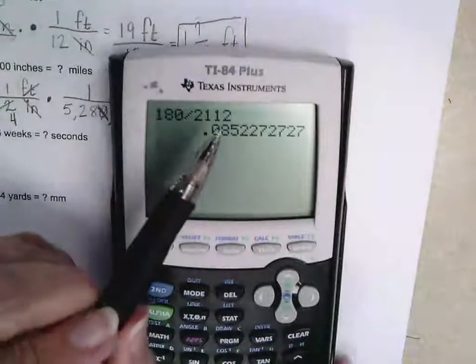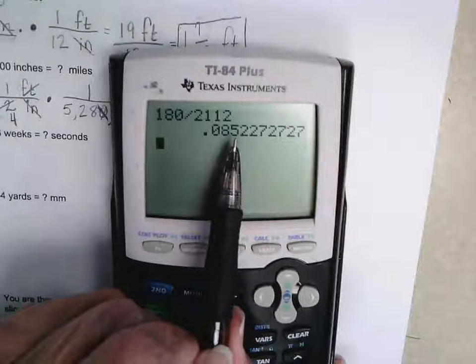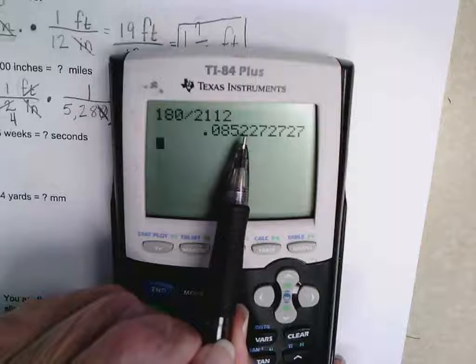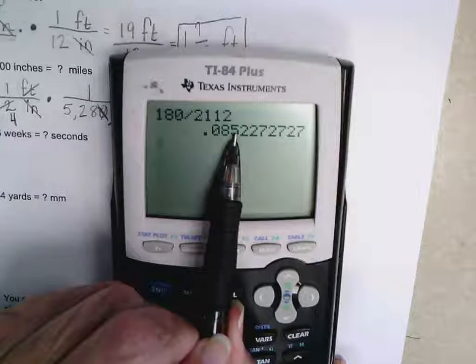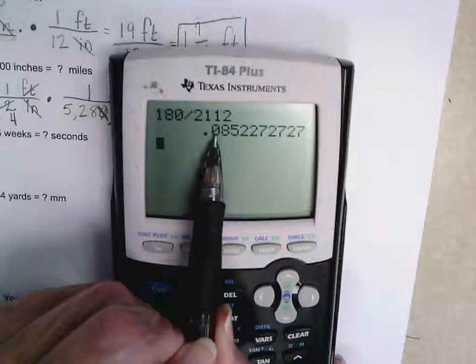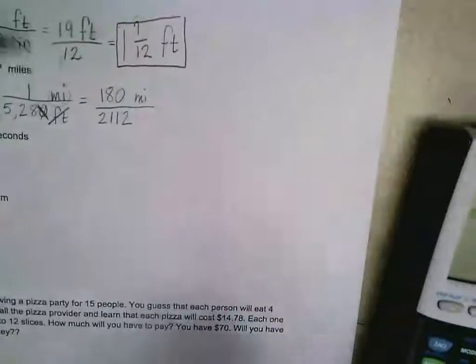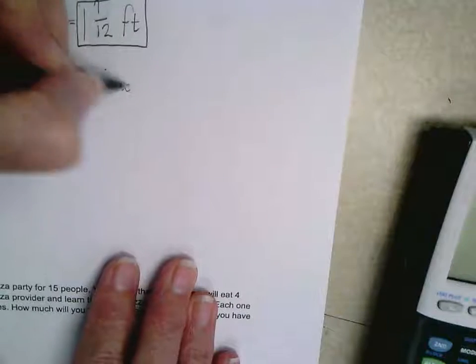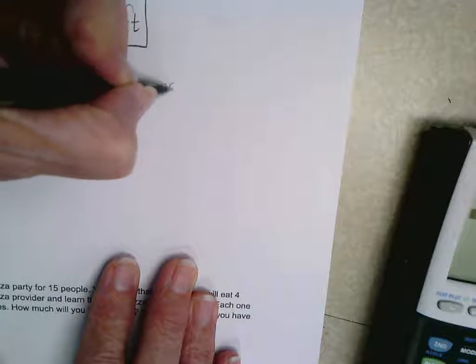So I'm going to round this to the nearest thousandths place, which means this 2 is going to tell me to leave that 5 as a 5. So my answer is going to be 0.085. And that is my approximate answer. So I'm going to use the squiggle marks.